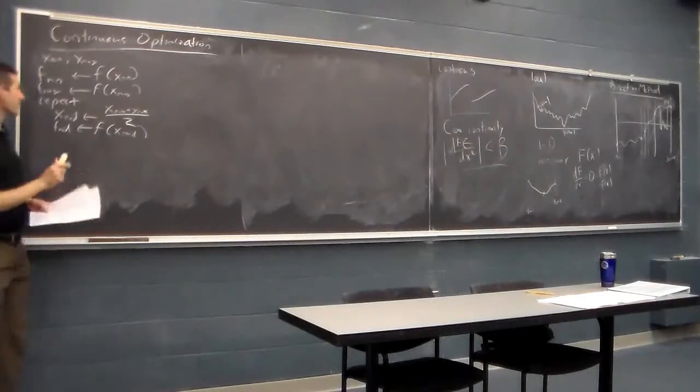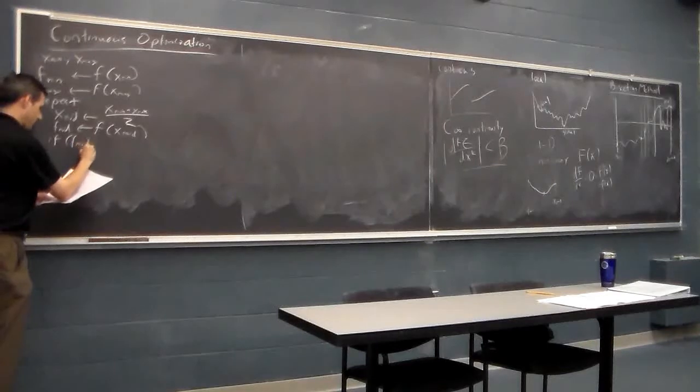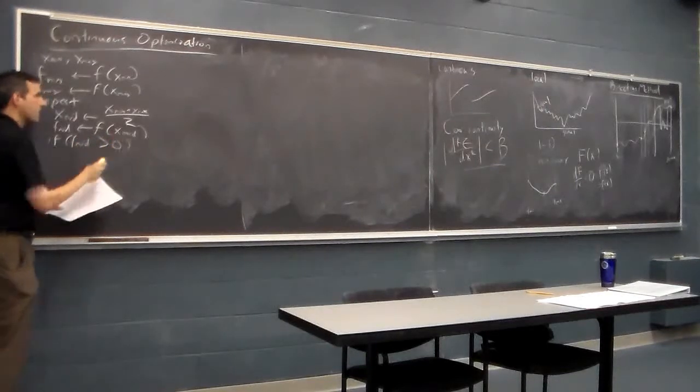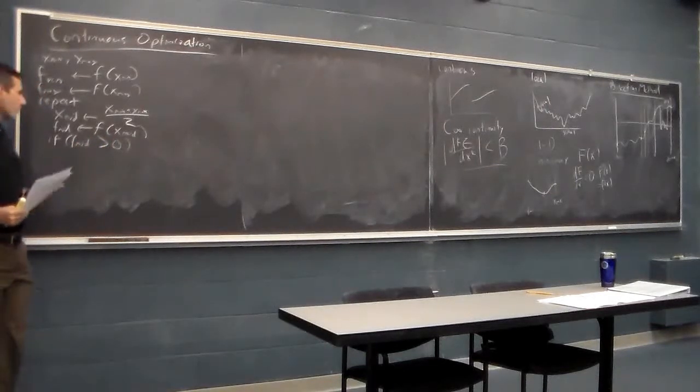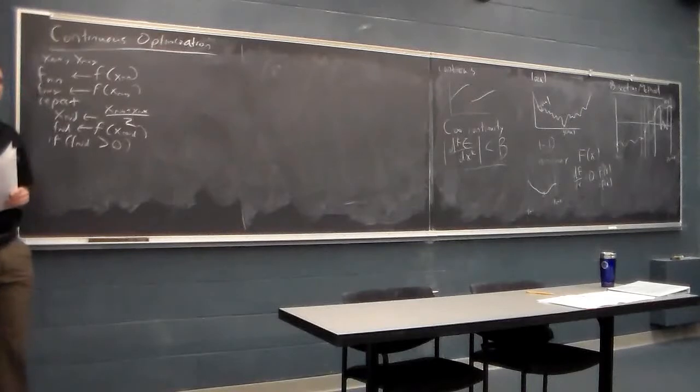And then we're going to ask whether fmid is greater than or less than 0. Of course, it might be exactly 0, but let's just say we'll test if it's greater than 0. If it's greater than 0, what should we do?